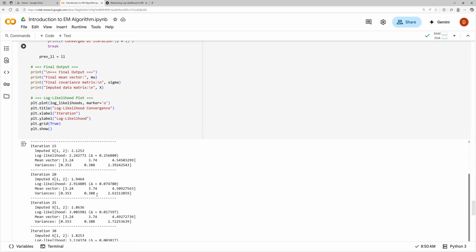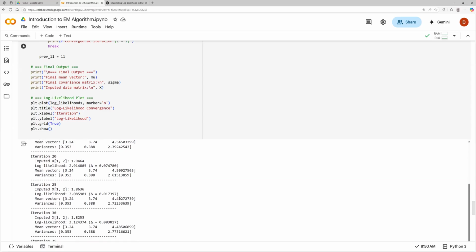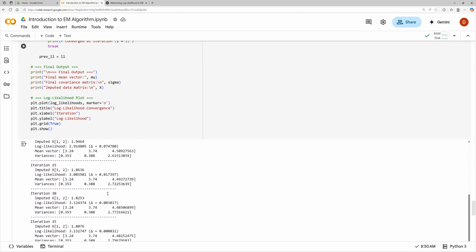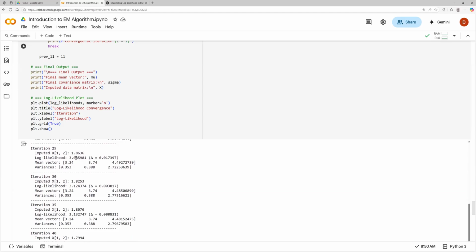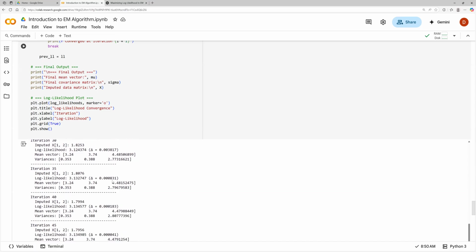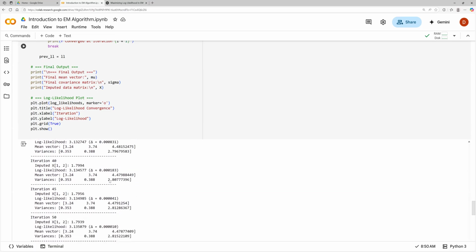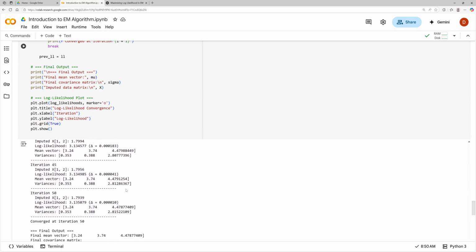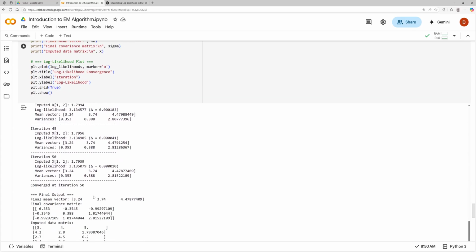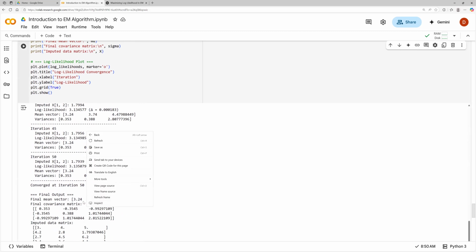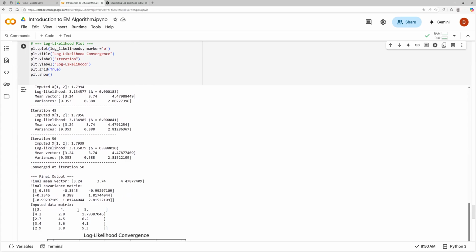The first two remain the same, obviously, because they're observed, and the third is the one that's changing. We also see the log likelihood increasing and the delta becoming smaller. And it converges at 50. Then we get the final mean vector, the final covariance matrix, and the imputed matrix.